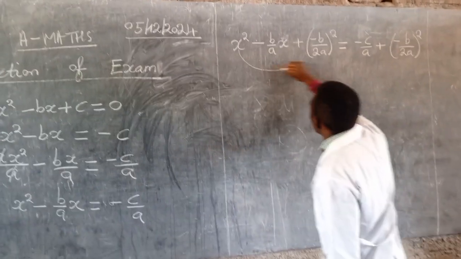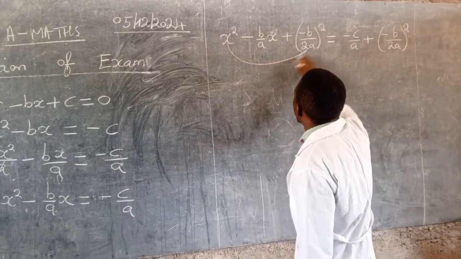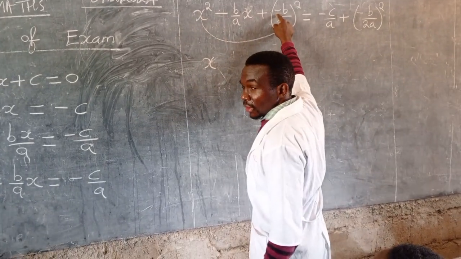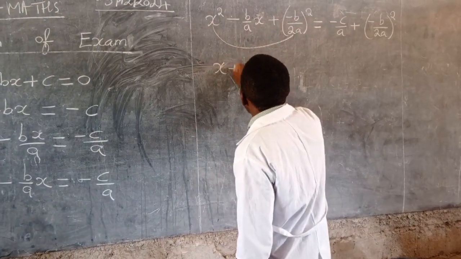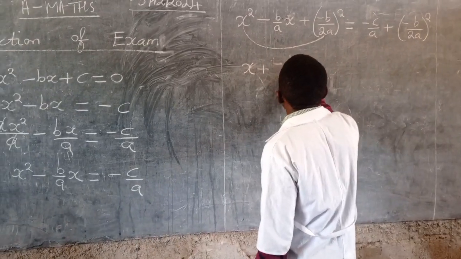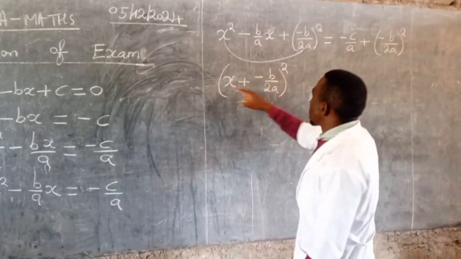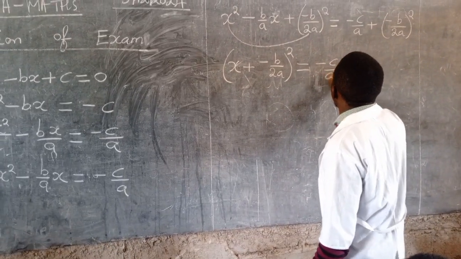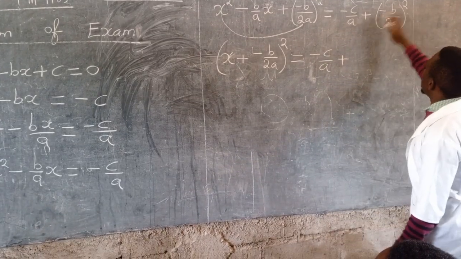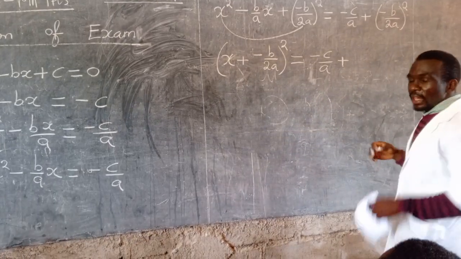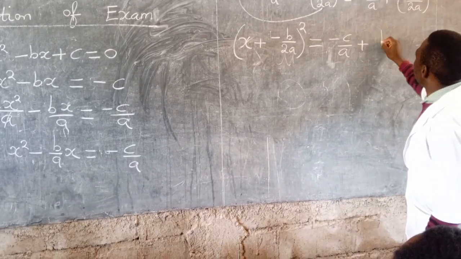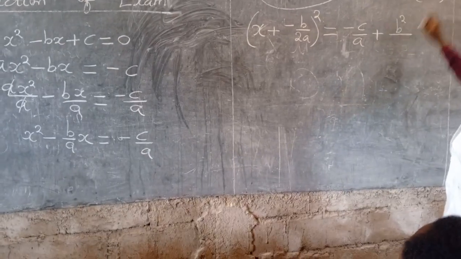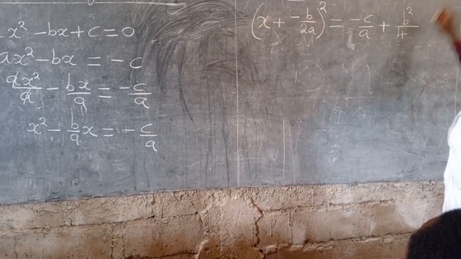We know this is a perfect square, and the factorization of this perfect square is simply x plus what we have in this bracket, negative b on 2a, all this squared. If we expand this, we'll go back to this. It is equal to negative c on a plus, expanding this, negative b times negative b gives us positive b squared, all over 2a squared. 2 squared gives us 4a squared.